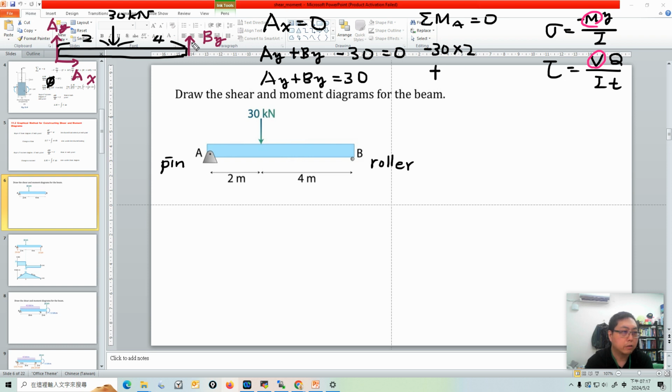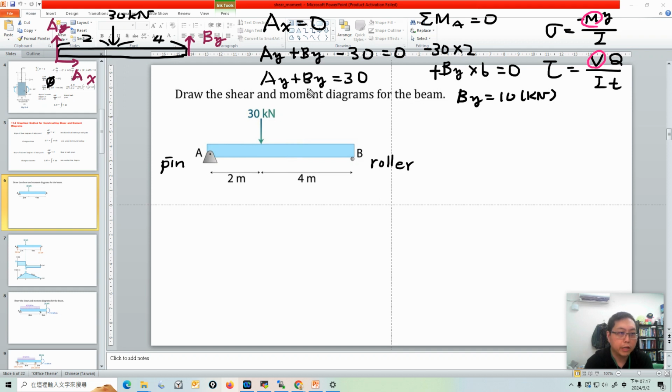Plus BY, which creates a counterclockwise rotation, times 6 equals zero. Using this, you can solve for BY very easily, and you will find BY is 10 kilonewton.